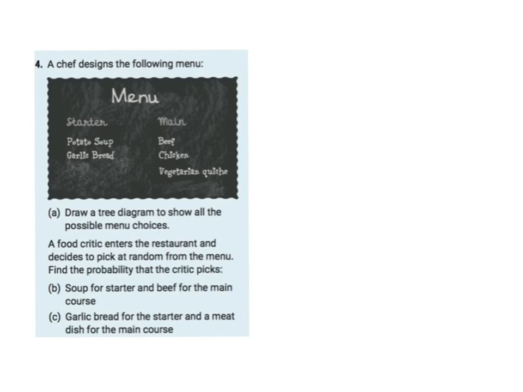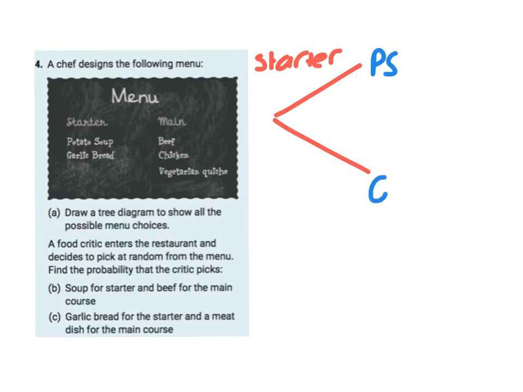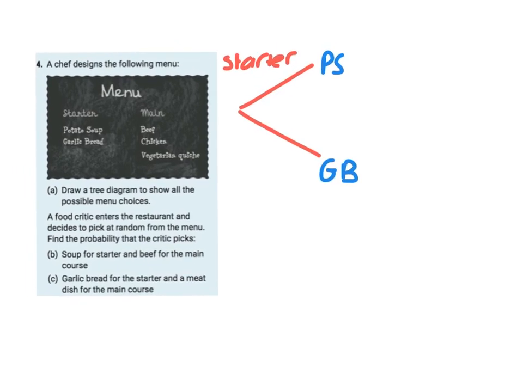Okay, so let's draw that here. We start off with our branches, and we're going to say this is our starter. So our starter options are potato soup, so I'm just going to write PS, and garlic bread, GB. I'm going to make this a little bit smaller. Now I have my main.